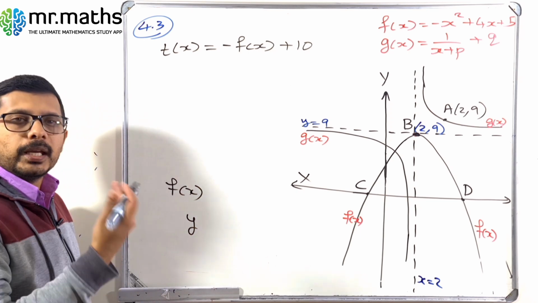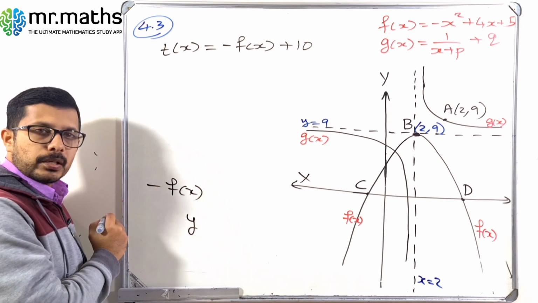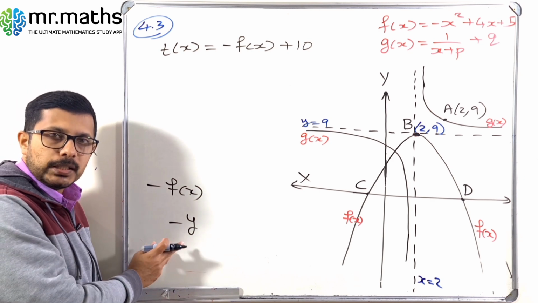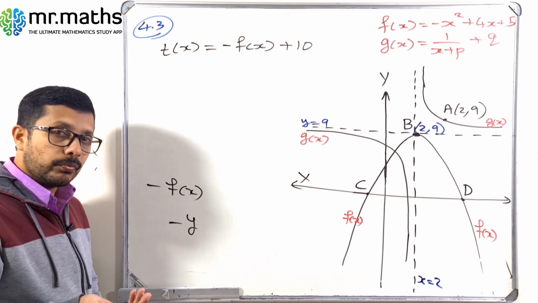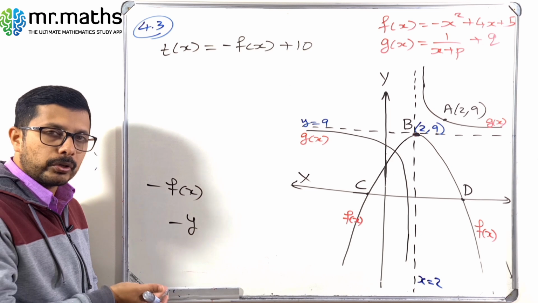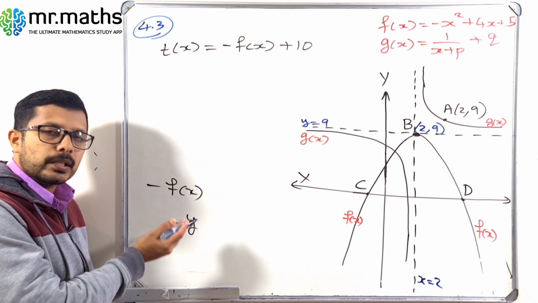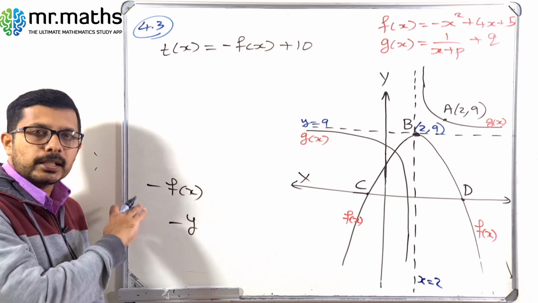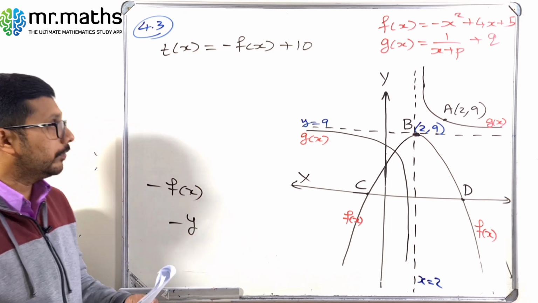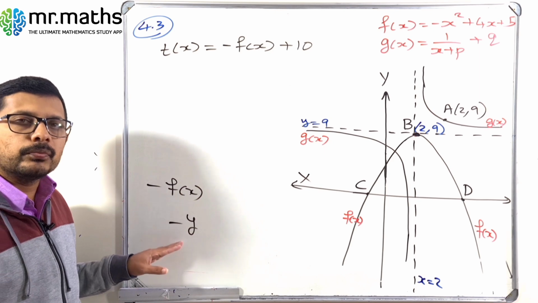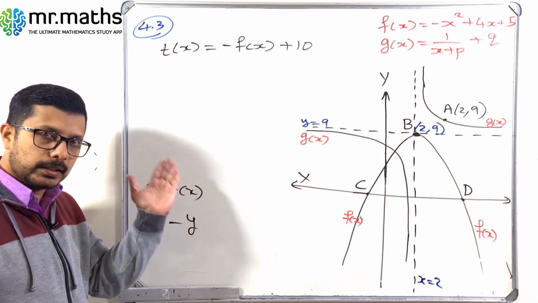So minus f of x means minus y. That means the sign of y changes. If the sign of y changes, what is the meaning of that? I already told you, it means that that is a reflection based on the x-axis.